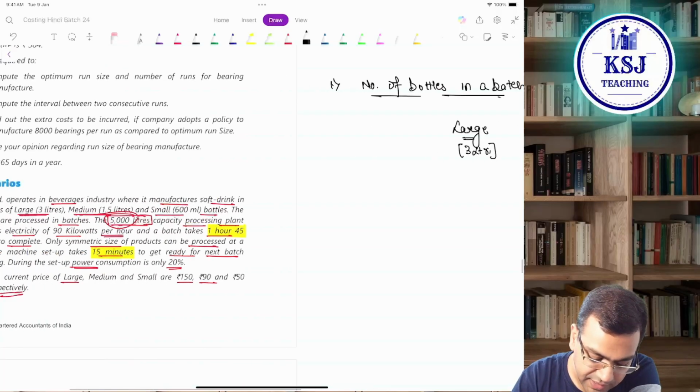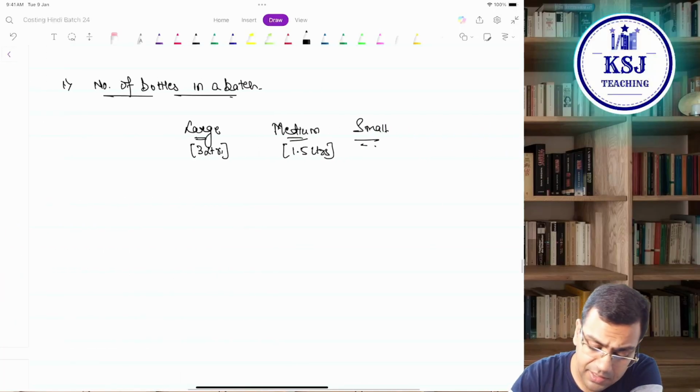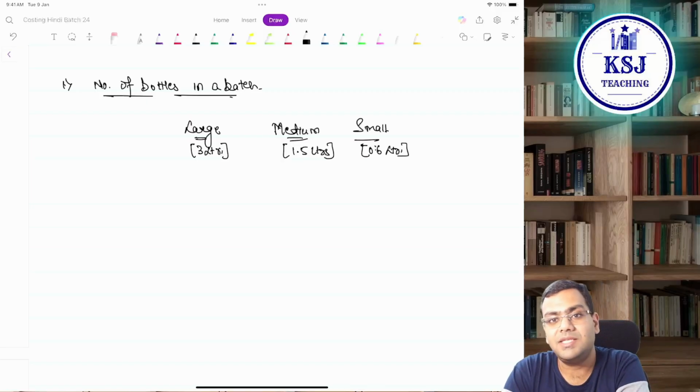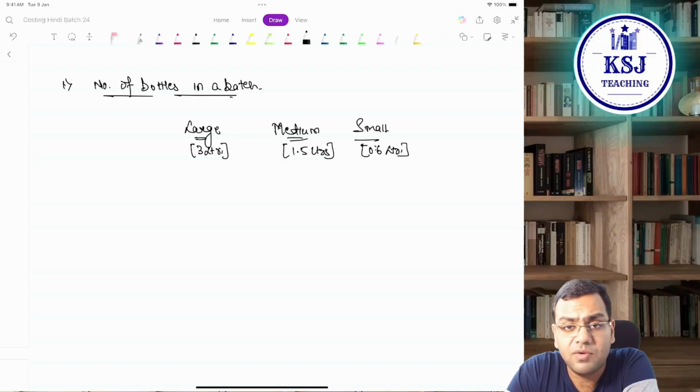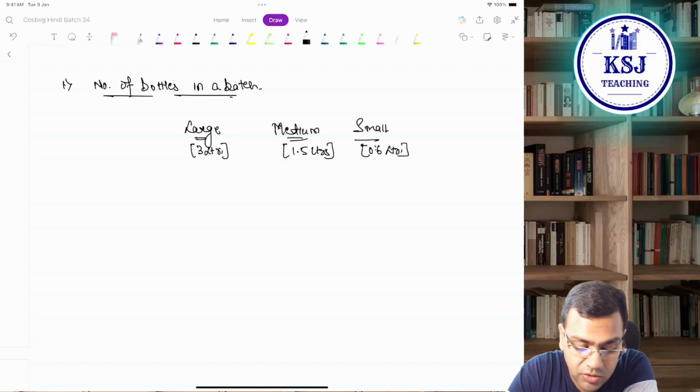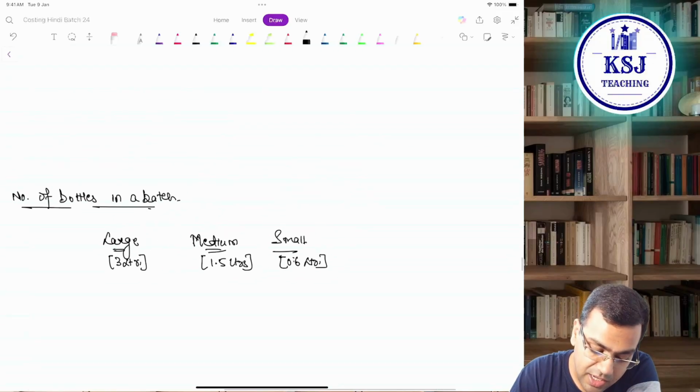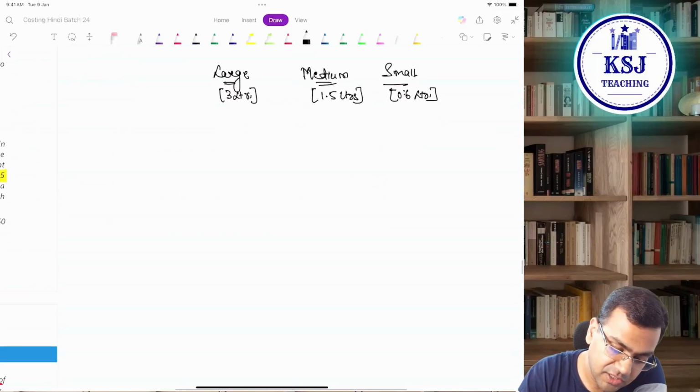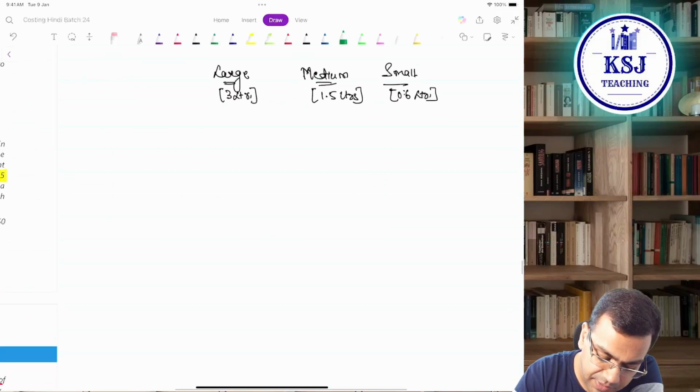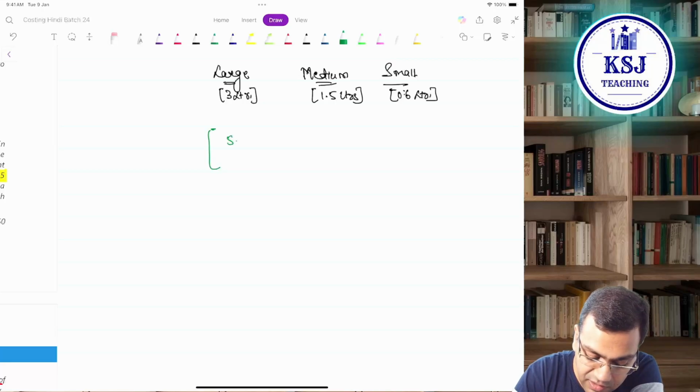And the small one is 600 ml, that is 0.6 liters, isn't it? Right, now they say if one batch capacity is 5000 liters, so how many bottles you can manufacture for large? How can you calculate, sir? Very simple. That will be 5000 divided by 3.